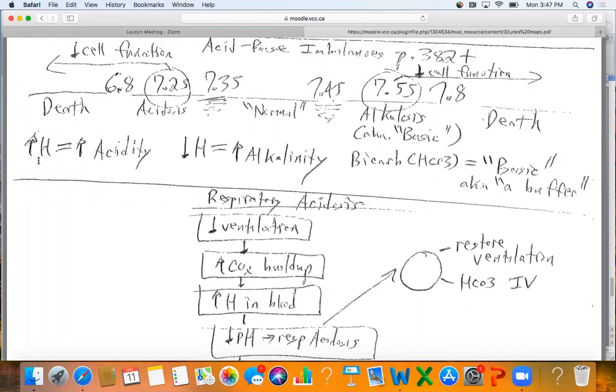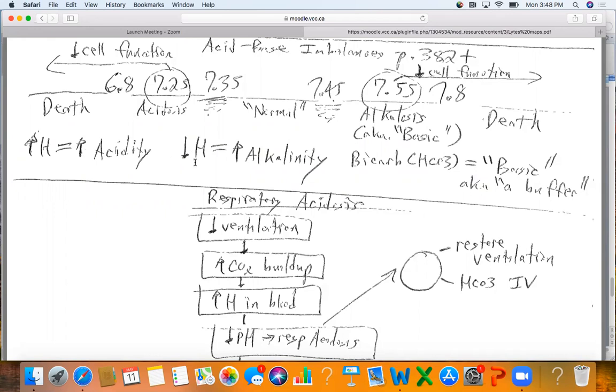In other words, if I tell you that CO2 is elevated because your patient is retaining CO2, then we have to accept the fact that what that translates to is increased amounts of circulating hydrogen in the blood, and this is acidic. Long story short, we associate increased CO2 levels with increased acidity in the body. We need to accept that as just fact right off the bat before we can move forward.